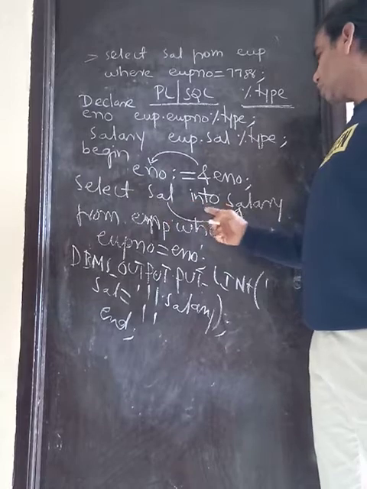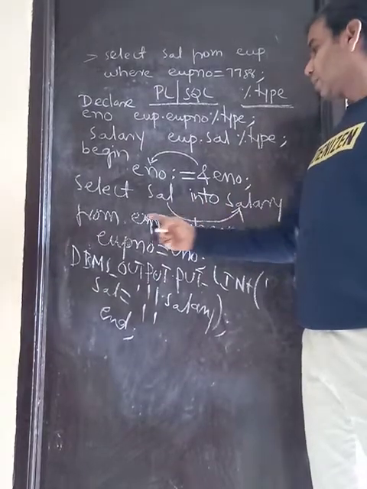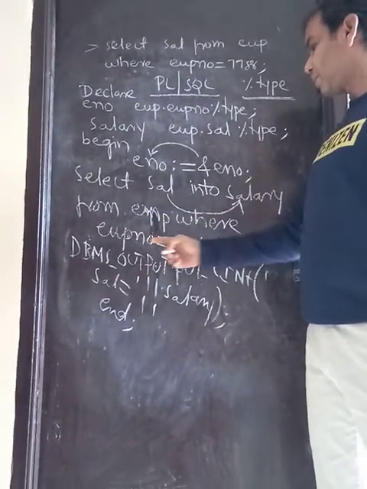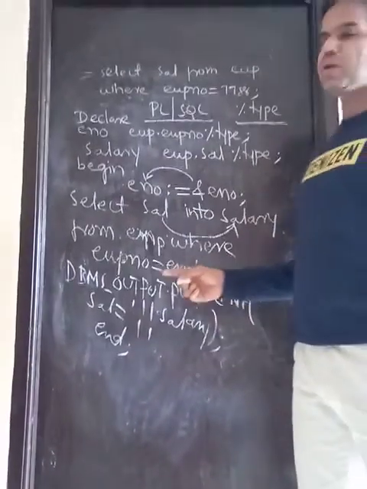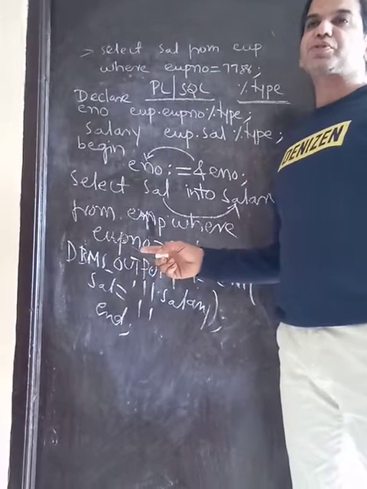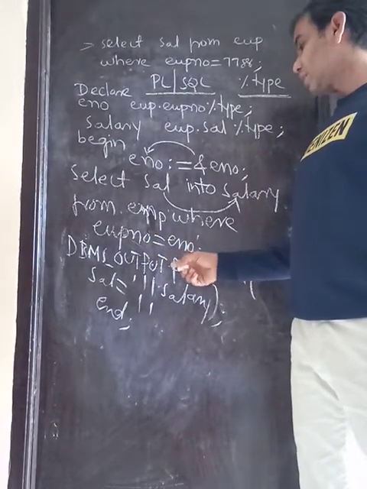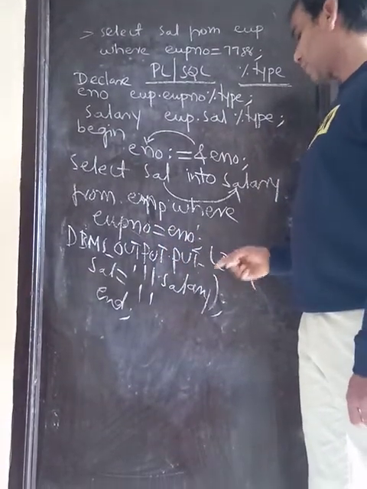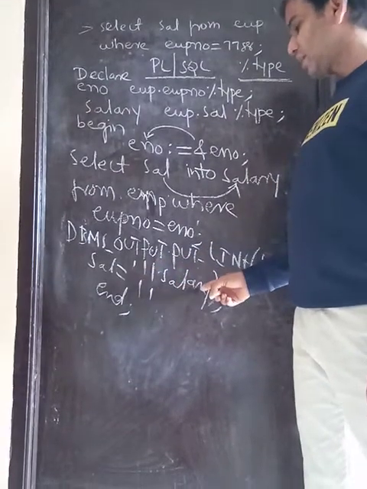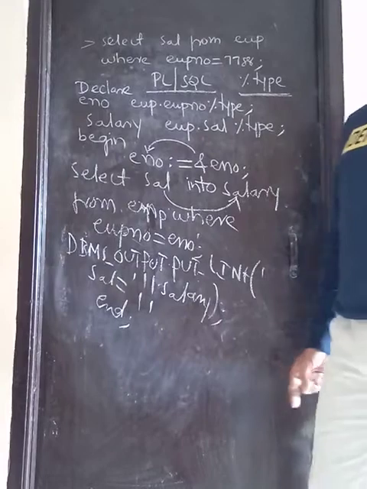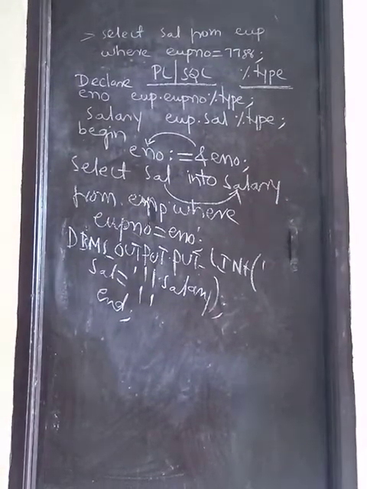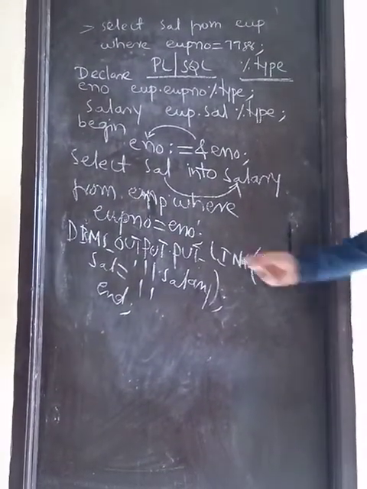Select salary into salary from EMP where employee number equal to E number. Then we are displaying. In PL/SQL the output statement is DBMS underscore output dot put underscore line. Sal is equal to salary, because the salary column value will be stored. Then end. A PL/SQL program terminates with the end. Okay, this is a program.